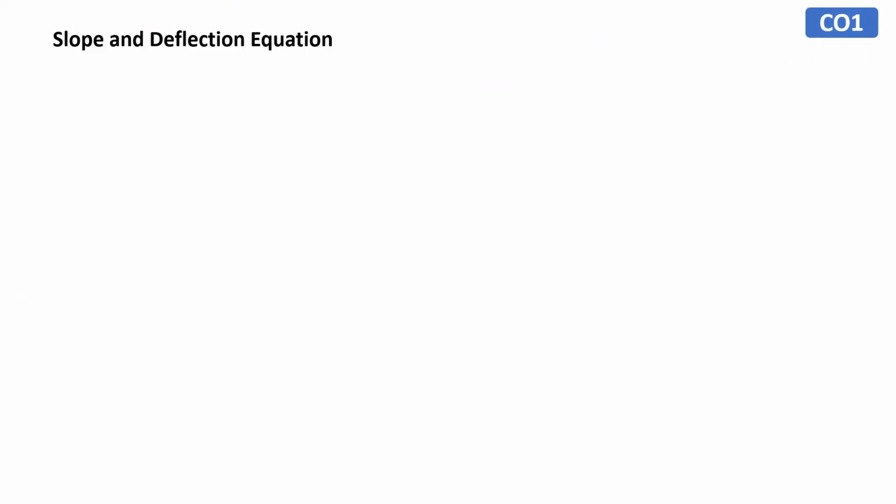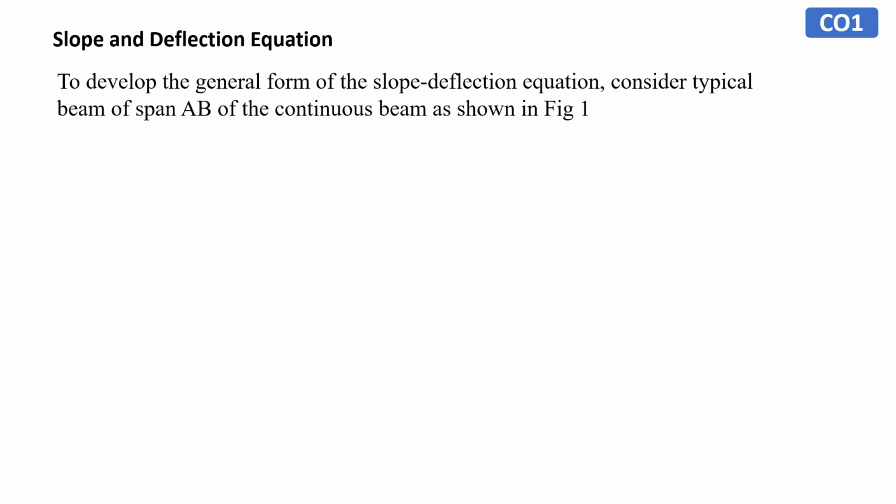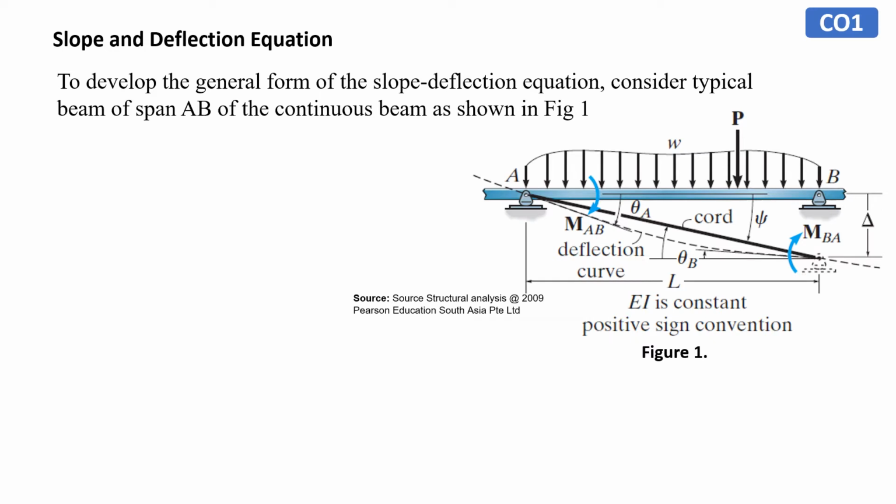Slope deflection equation. To develop the general form of slope deflection equation, consider a typical span of beam as shown in figure 1. Now this is the general loading that we are going to consider while deriving the equation for slope and deflection.